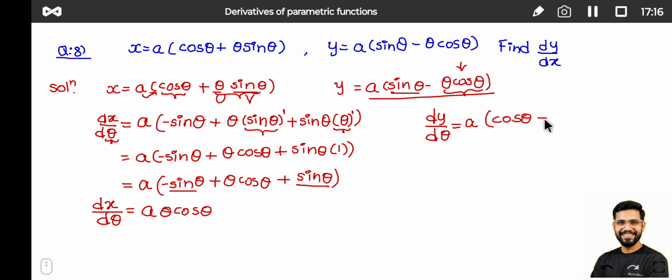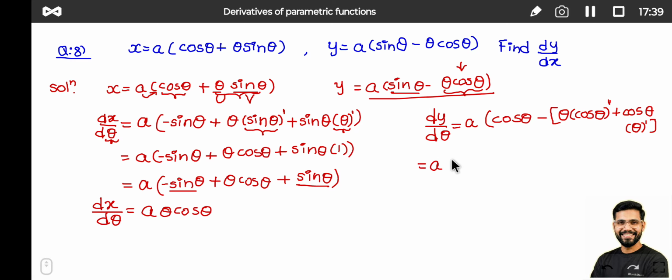Okay, so after minus always write the bracket, because this minus sign we have to multiply with each term, so we will put one more bracket. Okay, theta as it is, then derivative of cos theta, so I have written dash, then plus cos theta as it is, and derivative of theta dash, bracket close.